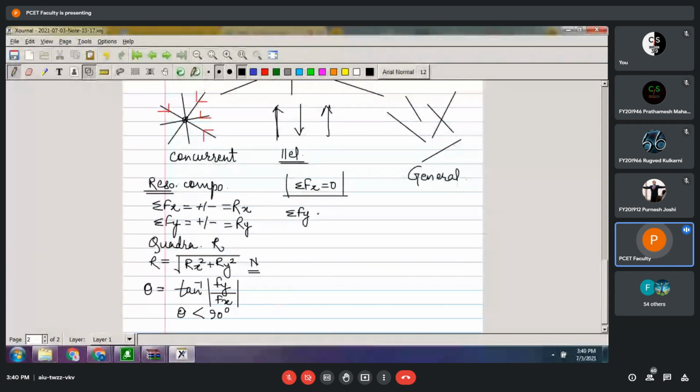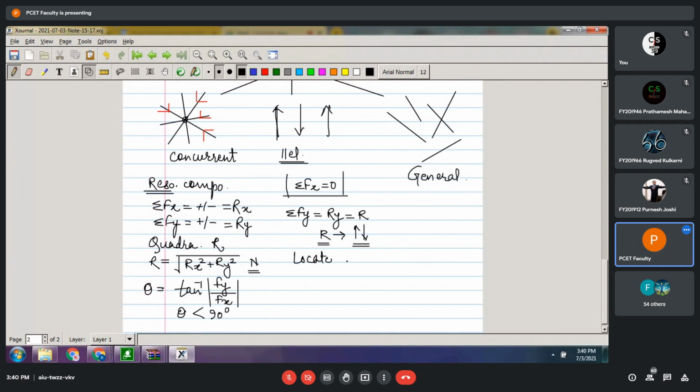Whatever sum I get will be nothing but Ry, which is nothing but R. Depending on upward or downward, or you can say sign plus or minus, I will decide the direction of the resultant.